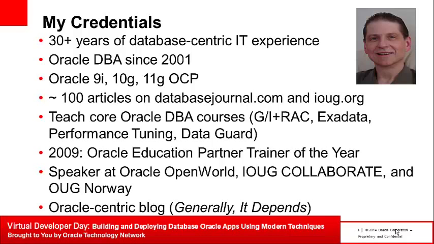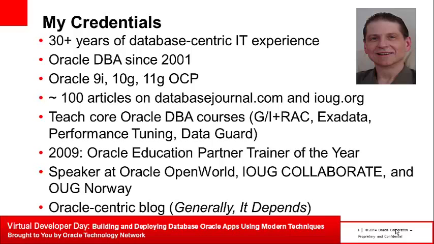Now, let me tell you a little bit about myself. I've been in information technology for over 30 years. I officially became an Oracle DBA in 2001. Since that time, I have achieved my 9i, 10g, and 11g Oracle Certified Professional designation. I'm working on my 12c professional designation right now. When I'm not mentoring, consulting, talking with other DBAs, I'm also writing.